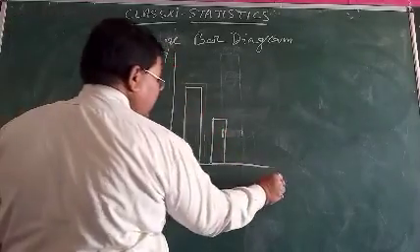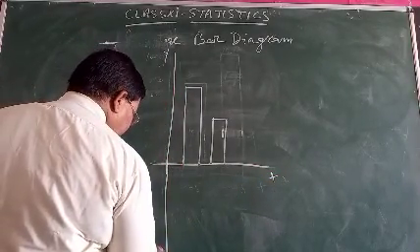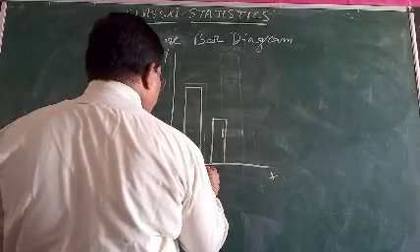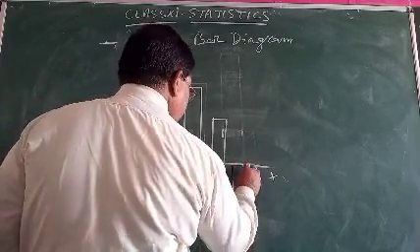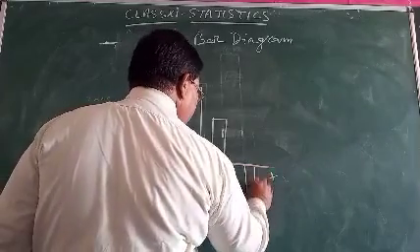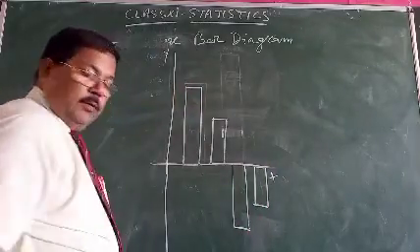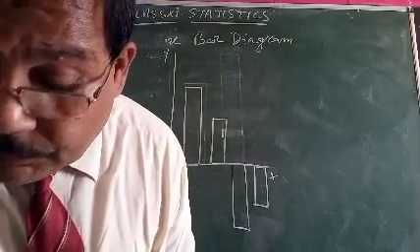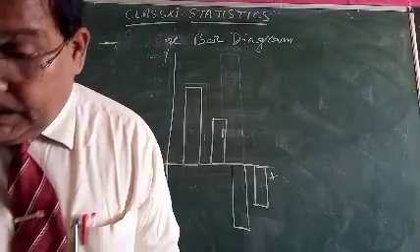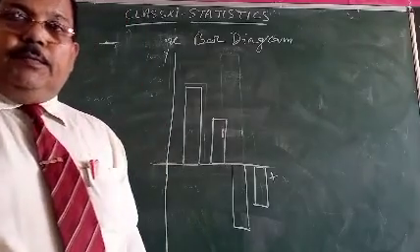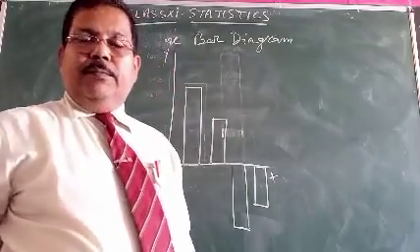Here is the y plus and here is the y minus. The minus form of the bar will be presented in this form. This is called the bilateral or deviation bar diagram. In this way we have completed the various types of bar diagrams.